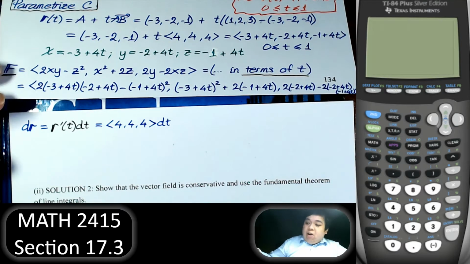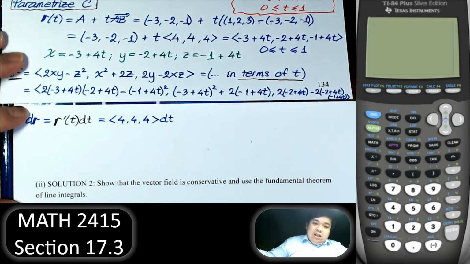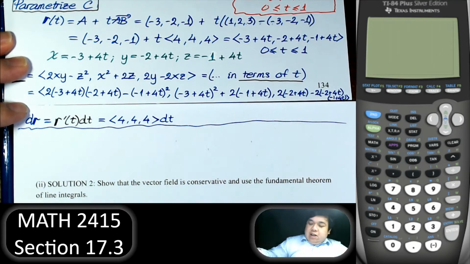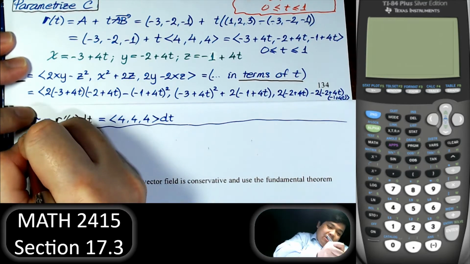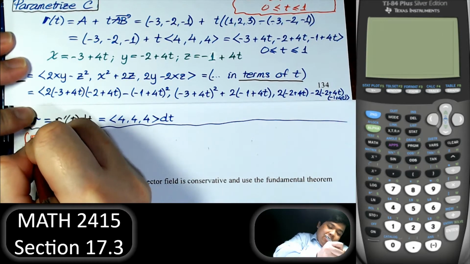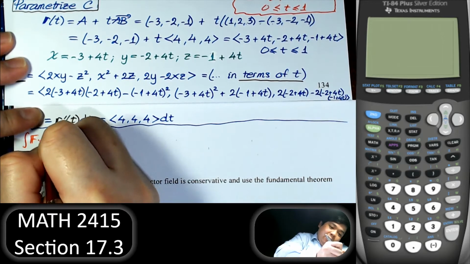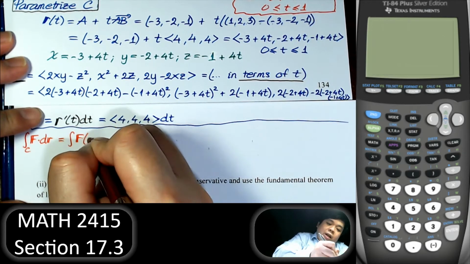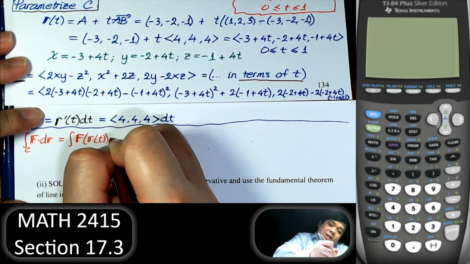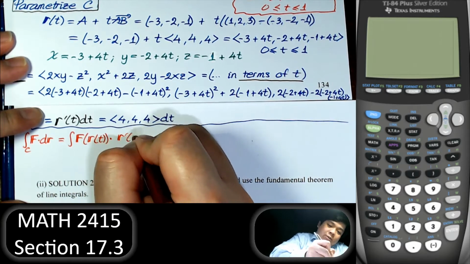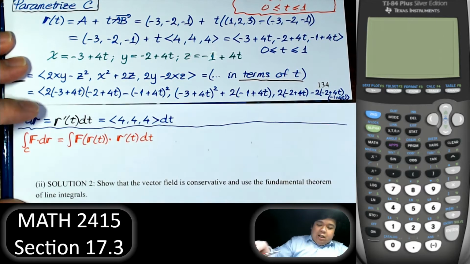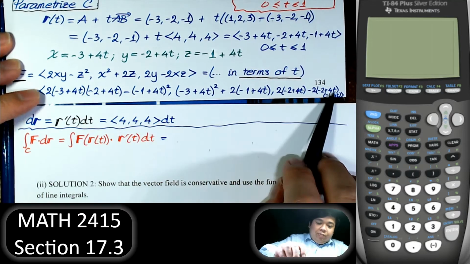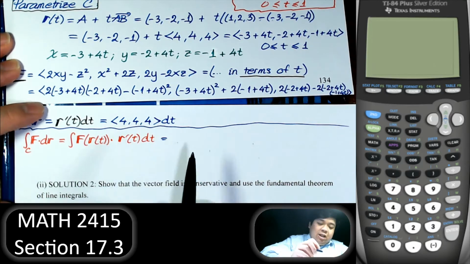And finally, we have everything in terms of t, and then the line integral equals f in terms of t dot r prime of t dt. So we just have all this dot with this vector dt.